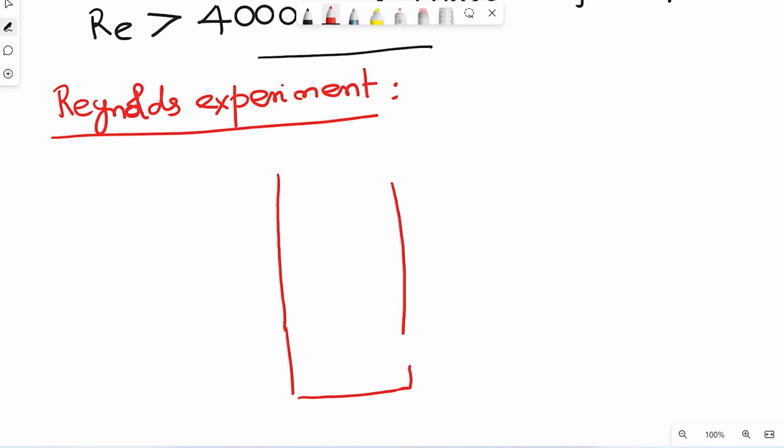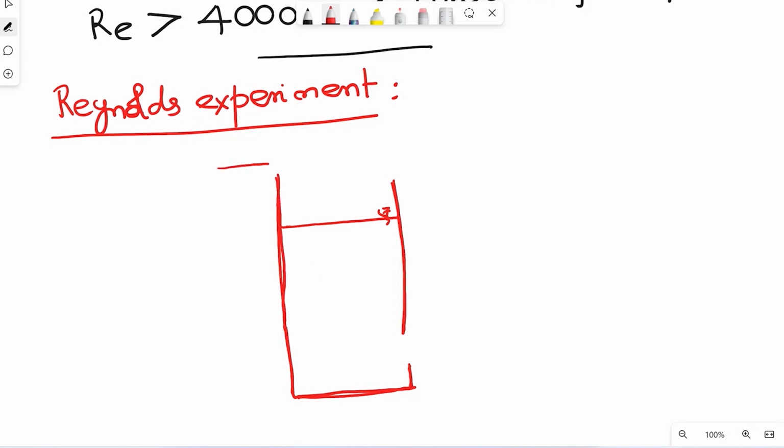This is a tank, right? And in this tank, he maintained the head as constant. So that means the head is always maintained constant. How is the head maintained constant?